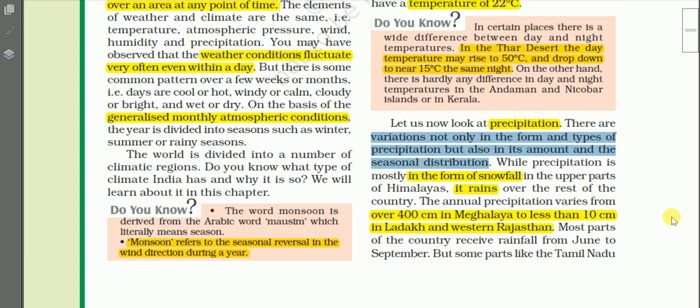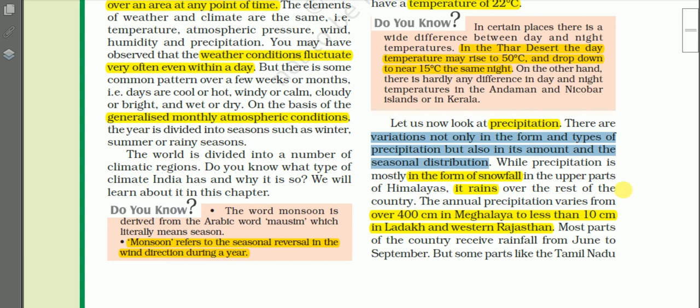See, in India, we have different types of precipitation occurring in different areas. For example, in the mountainous area, we find snowfall. In the plain areas and the coastal areas, we find rainfall. So the type of precipitation is different from one place to another. It also differs in terms of amount.